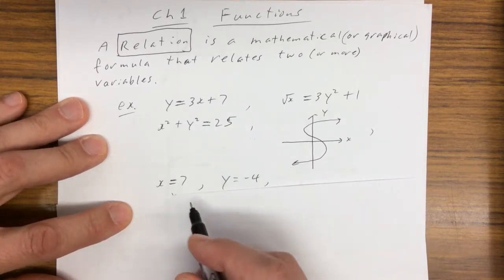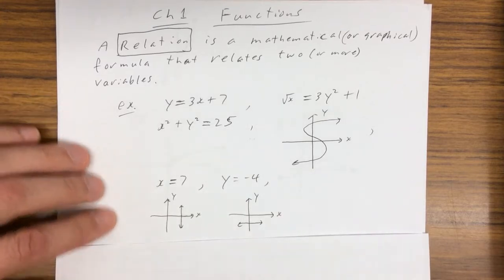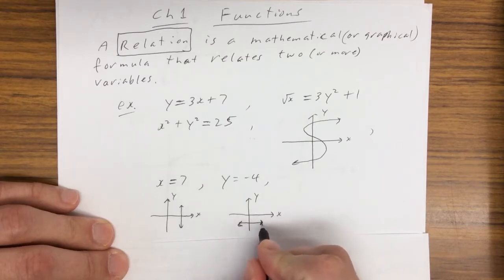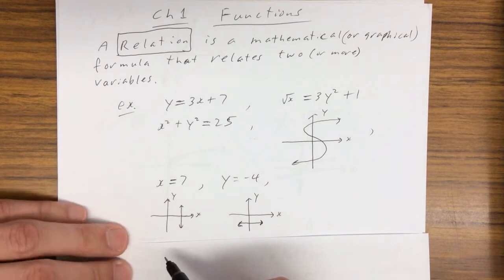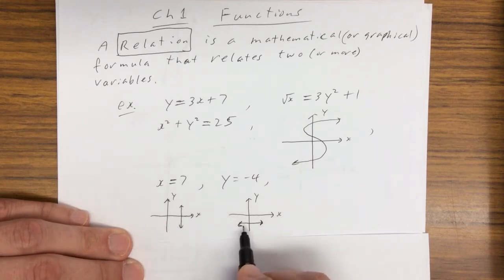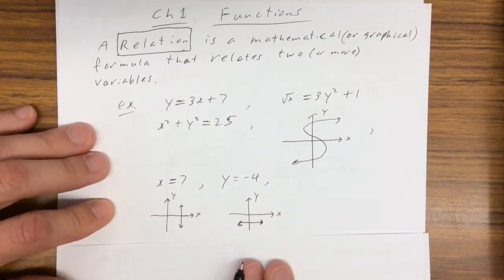So they could both be relationships between x and y if you think of them in some sort of context where the other variable is changing and not dependent on x. Okay, so here x has to be 7, but y could be anything. Okay, and here y can be negative 4 and x can be anything. Okay, so there's a relation.